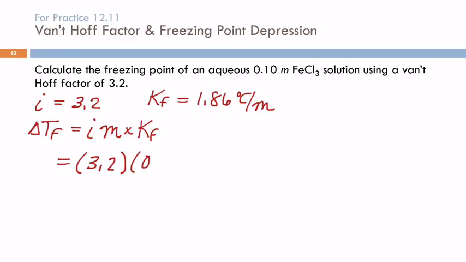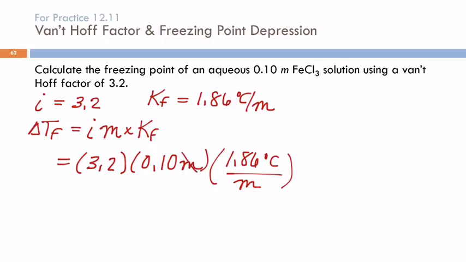Times the molality, 0.10 molal, times the freezing point depression constant, 1.86 degrees Celsius per molal. So molals cancel out. We have 3.2 times 0.1 times 1.86.